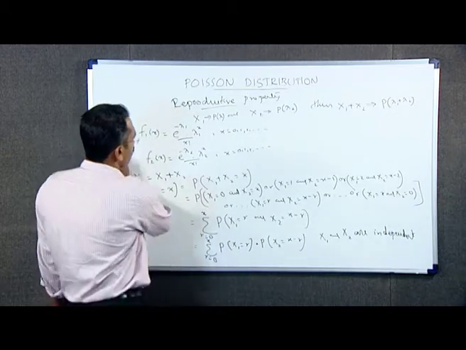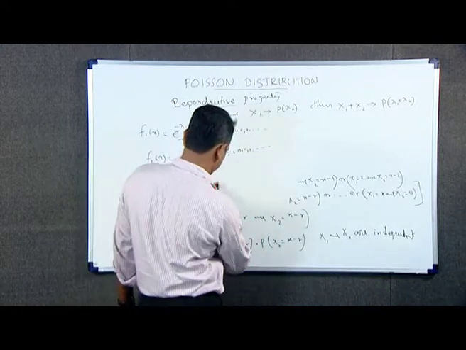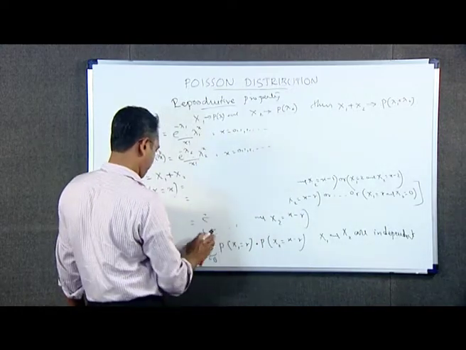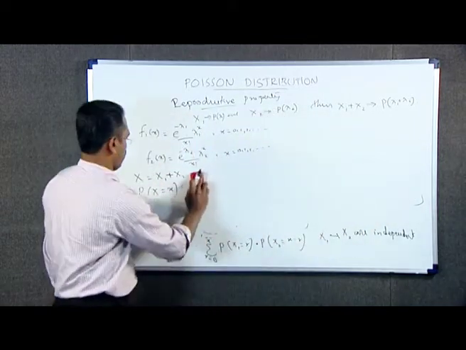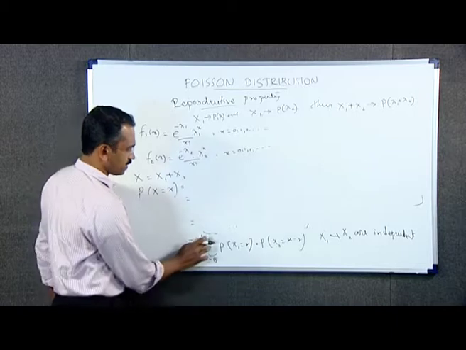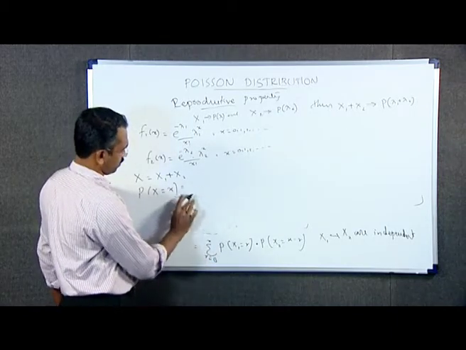This is equal to the summation over r varies from 0 to x.